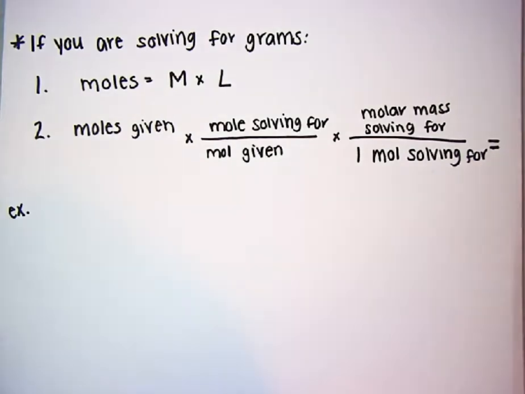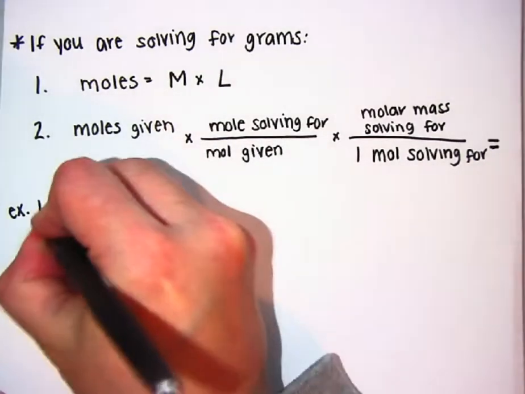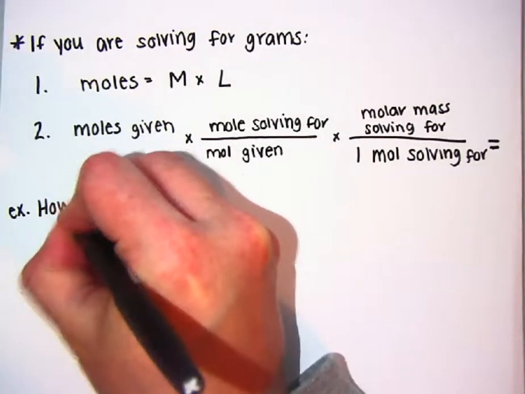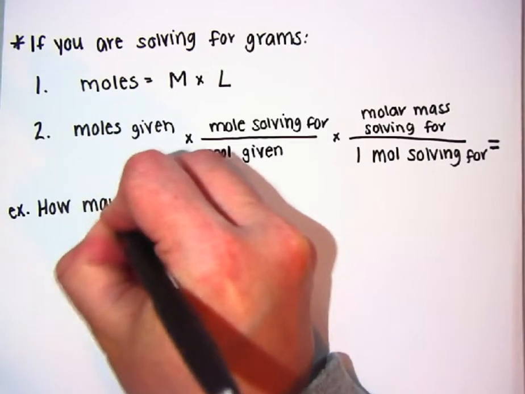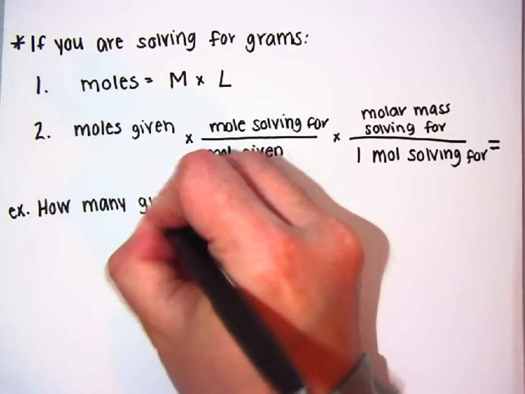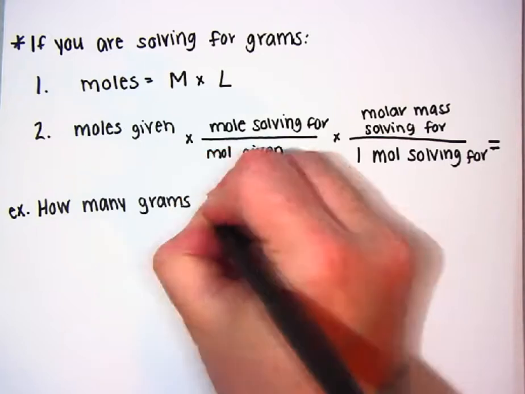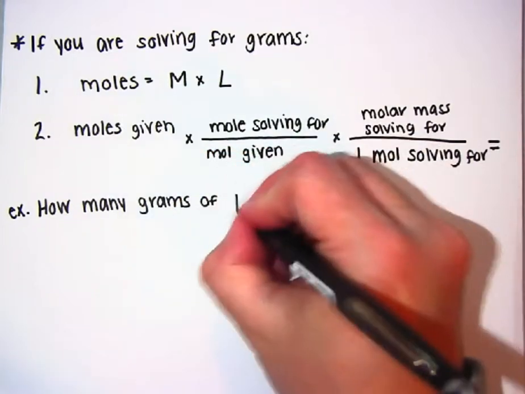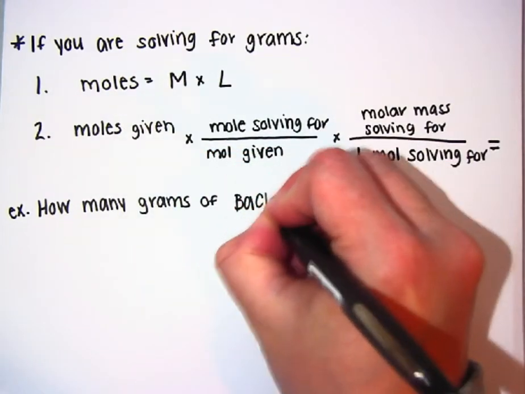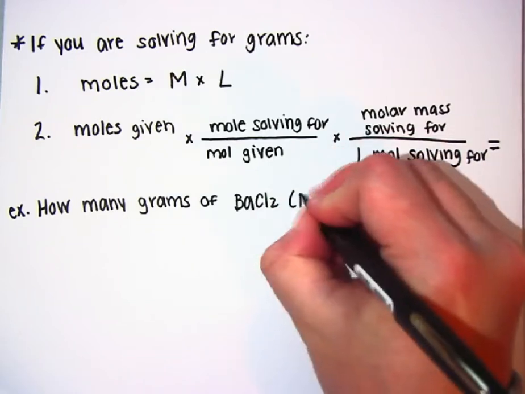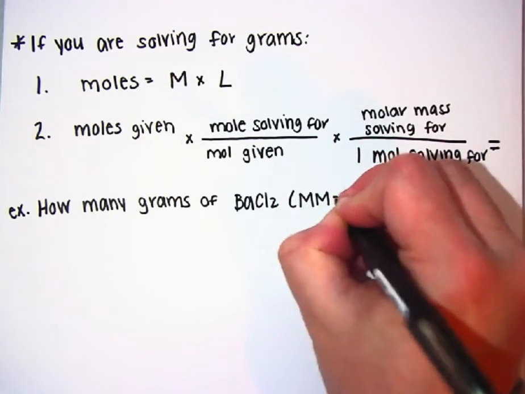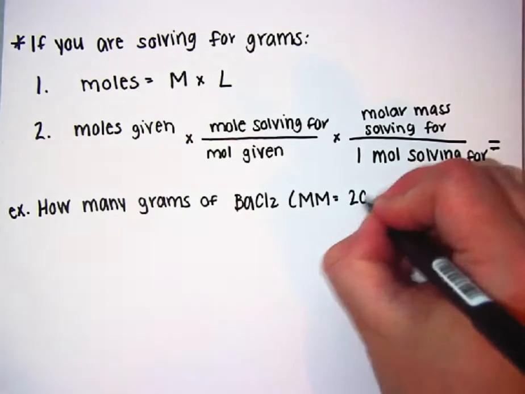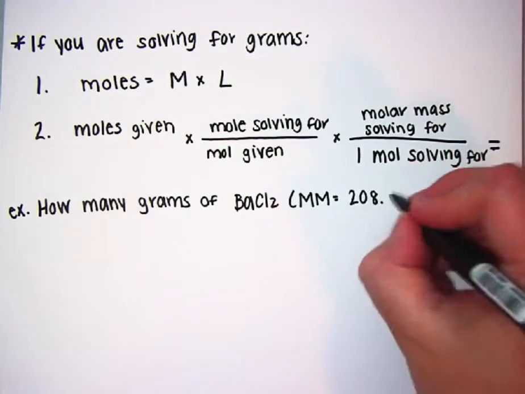All right, first example problem. Let's say you were asked how many grams of barium chloride. Today I'll give you the molar mass. On the test you will not be given molar masses. You need to know how to calculate this.